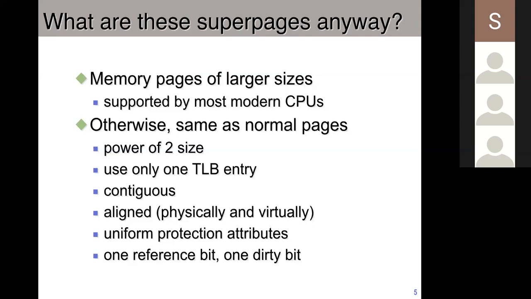Likewise, if you have a superpage of size 8, then you can have them start from 0 or 8 or 16 or 24, but you can't have them start anywhere in between, say from 7 or 12, for example. So the other requirement was that they have uniform protection bits.